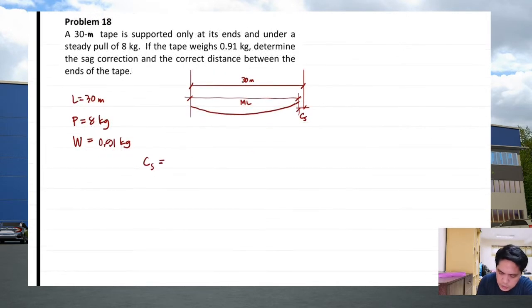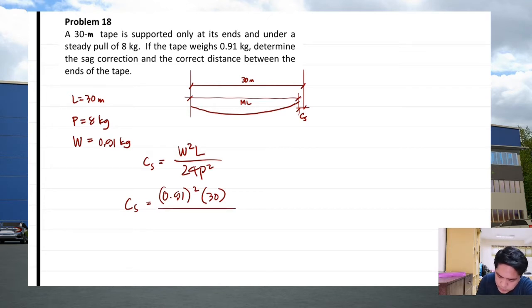Okay, to apply the formula, that would be W squared L over 24 P squared. So, we have simply CS is equal to 0.91 squared, that's in kilograms squared, times the length, which is 30. Then, let's divide that by 24, then P applied is 8 squared.